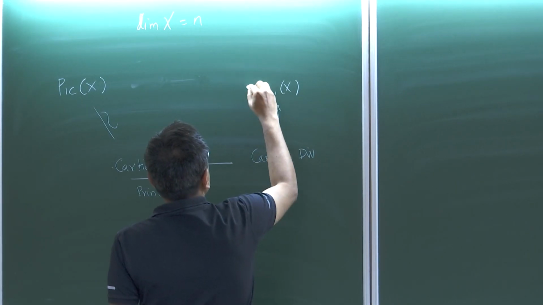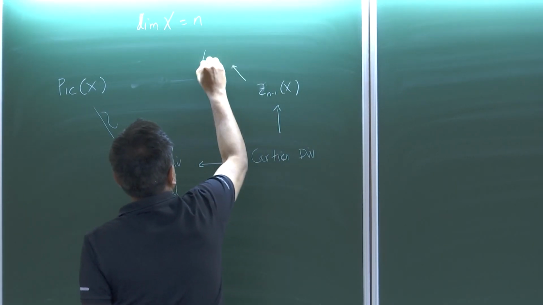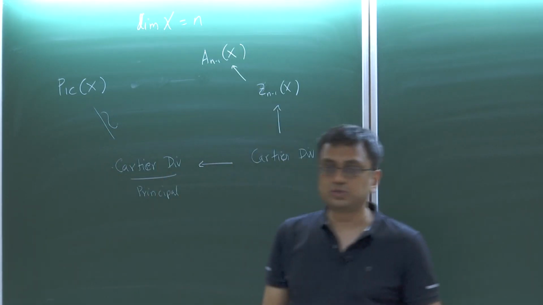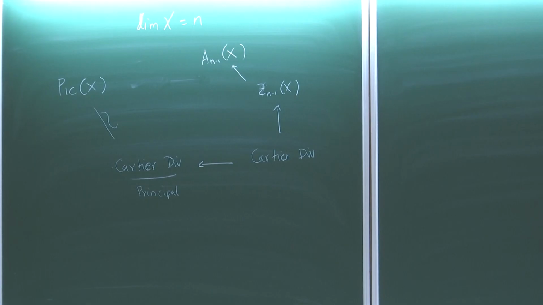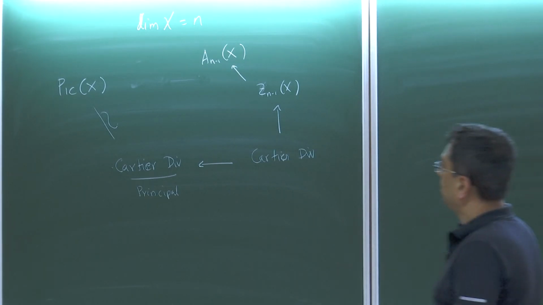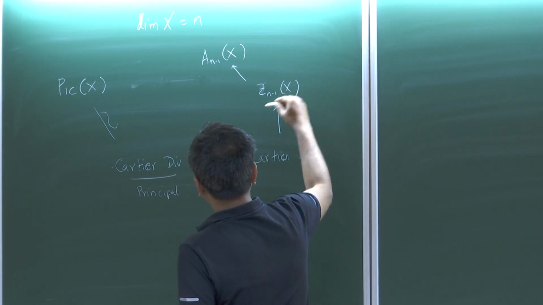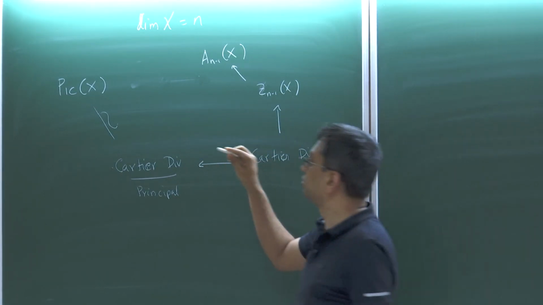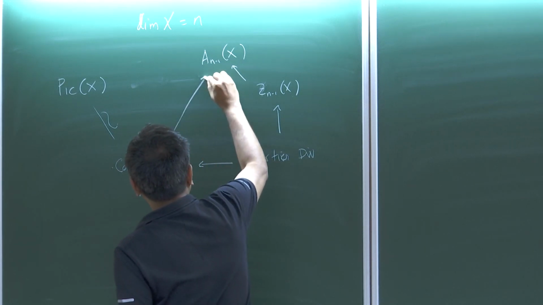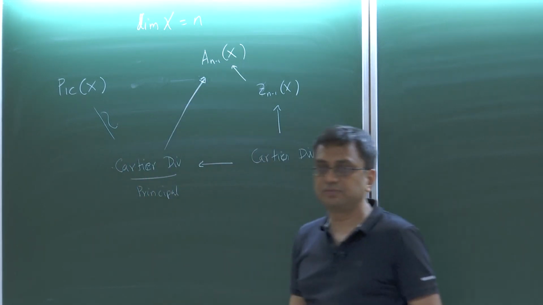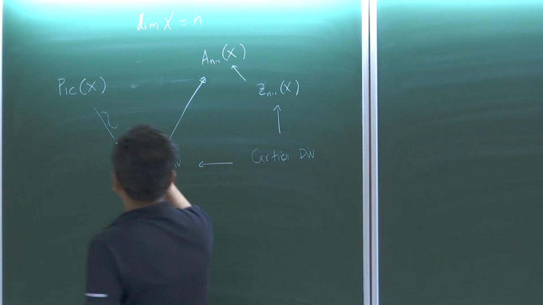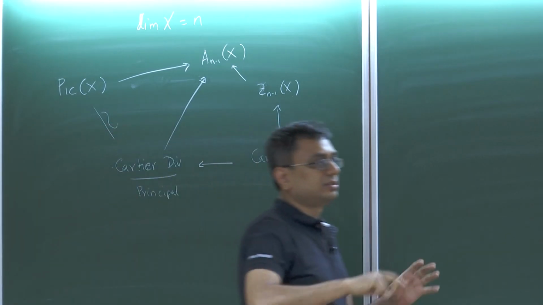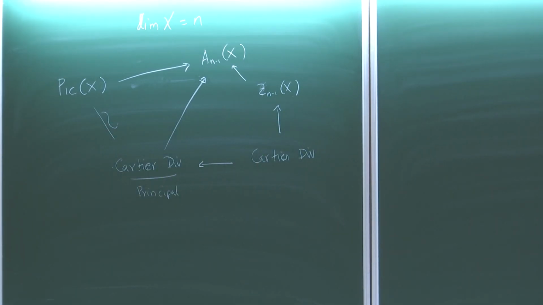And from Z_{n-1} we have a map to A_{n-1}(X), the quotient by cycles which are rationally equivalent to 0. The way this map is defined, principal Cartier divisors go to cycles rationally equivalent to 0. So this is well defined, and therefore since these are isomorphic, we have a way to go from line bundles to cycles of codimension 1.